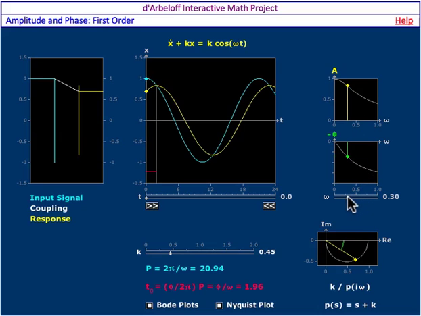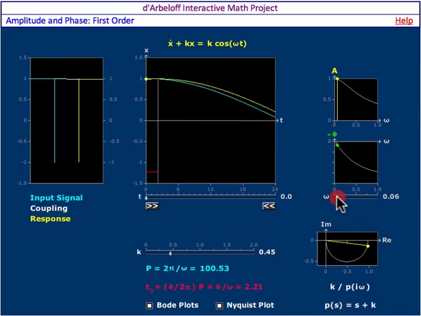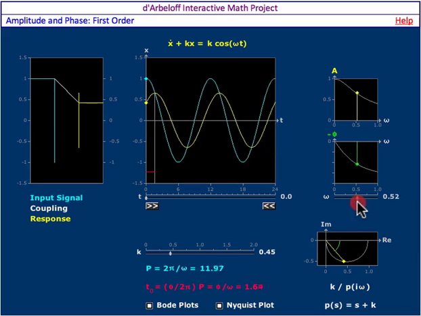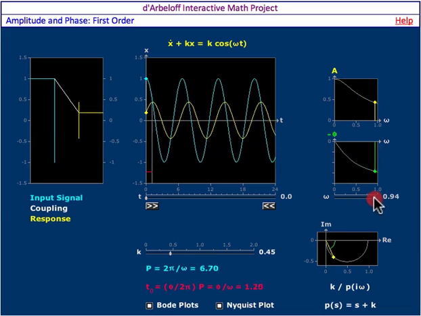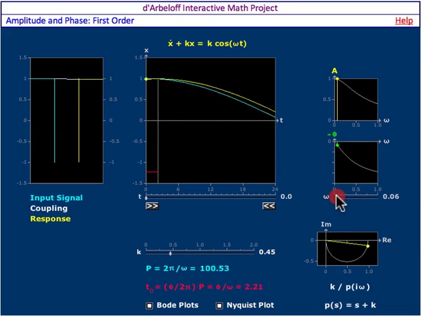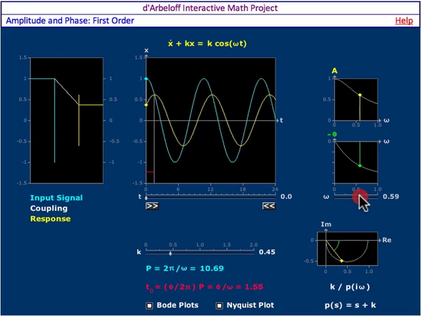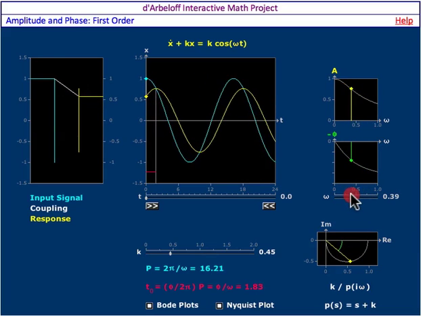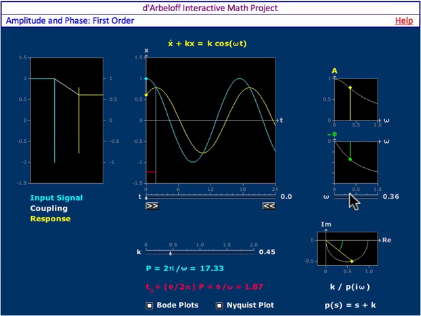You can see these things changing together when I move the omega slider here. Watch both the windows above the slider and the window below the slider, and you can see that they change together. This bottom representation as a complex number is very useful in understanding the relationship between phase lag and amplitude, and it also represents the way we solve these differential equations in the differential equations course at MIT.